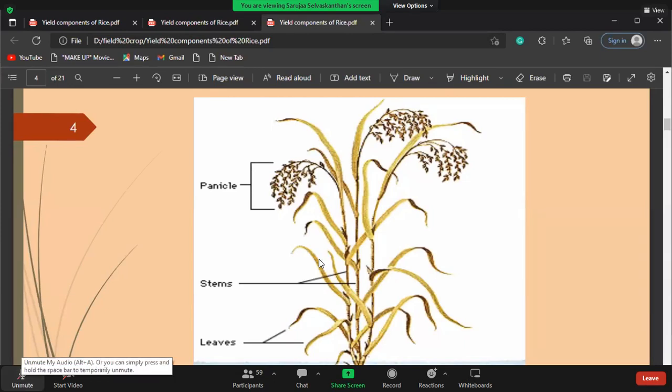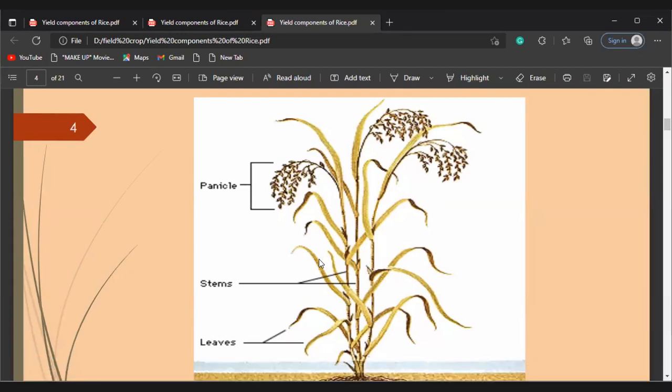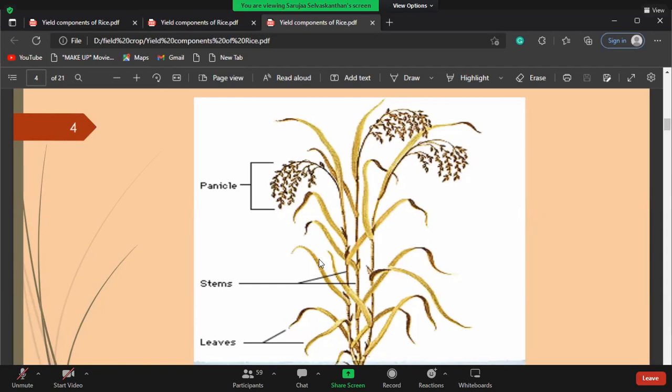False. Yes. Then if the number of panicles increases, what will happen to the yield? The yield will increase. So if you are increasing the panicle numbers, there is a chance to increase the yield, isn't it?